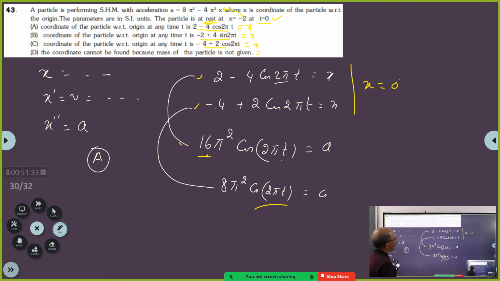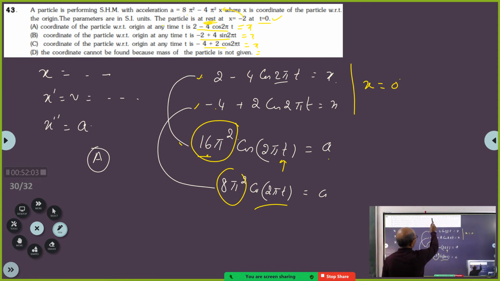Because what we are confusing here is, we have got an expression for A as a function of time t. But what we have to see is, whatever be the function, the maximum value is 16 pi square. Now here in this case they have told rest. At rest the acceleration will be maximum.